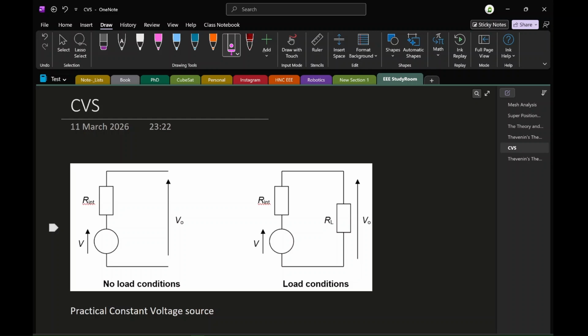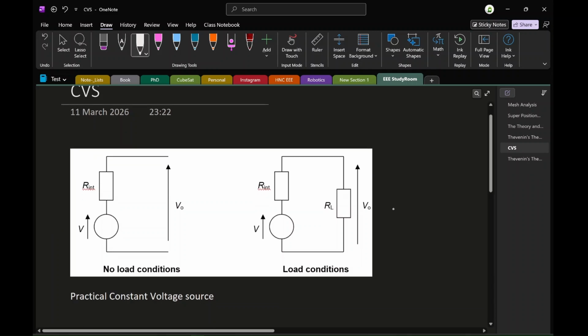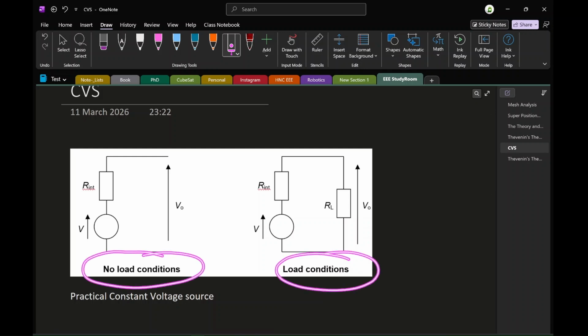If we consider the diagram in front of us, it shows two conditions: no load condition and load condition. This is classed as a practical voltage source, the kind of thing you'd actually see in real life.